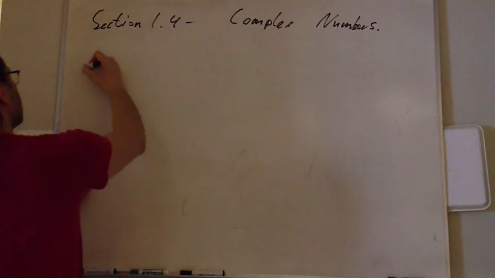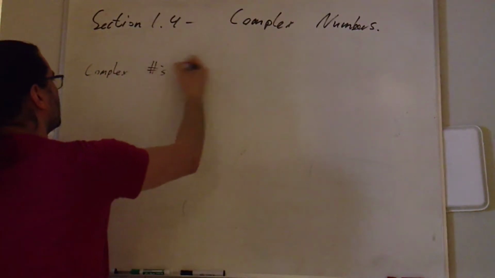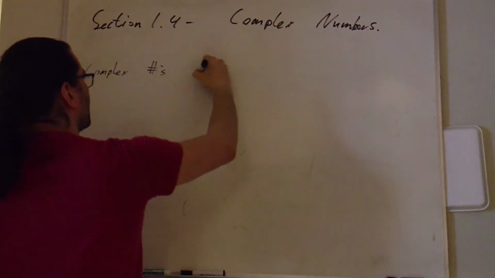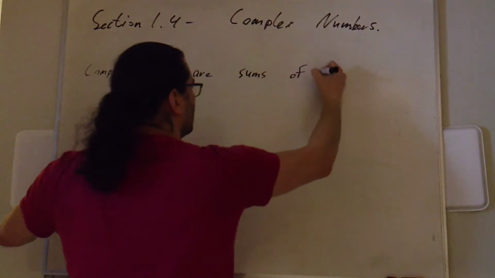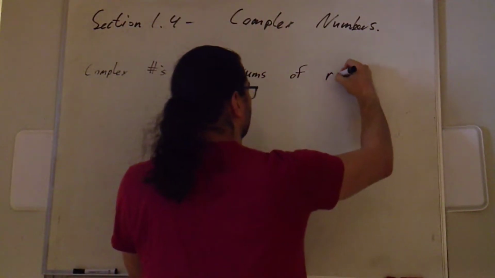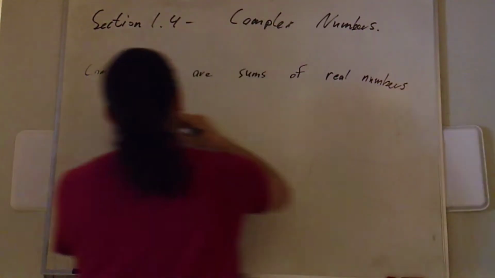Complex numbers are sums of real numbers and imaginary numbers.